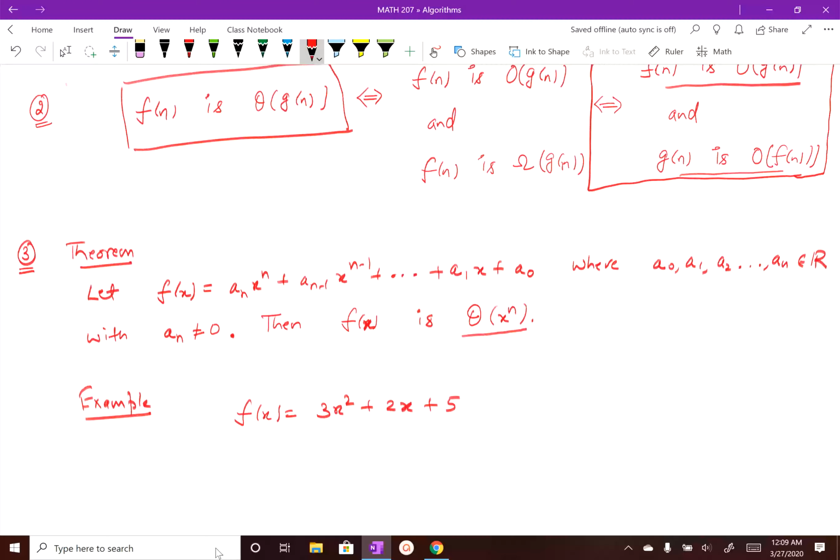Then for this given function f of x, we can claim that f of x is big theta of x square, because it's easy to show in this case that f of x is big O of x square, and you can also show that f of x is big omega of x square. So whenever you see a polynomial of degree n, you can easily determine that f of x is going to be big theta of x to the power n.